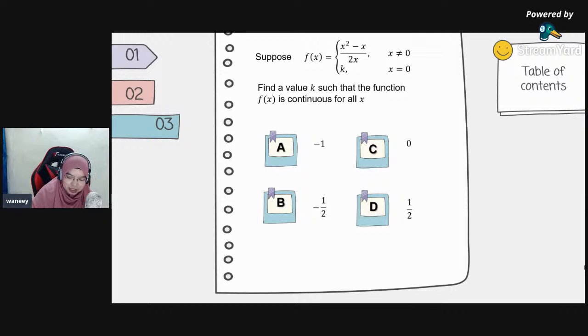Orang dah vote. 68 dah. Okay. Mana lagi? Mana lagi orang lain? Go, go, go. Agak-agak apa jawapan dia?